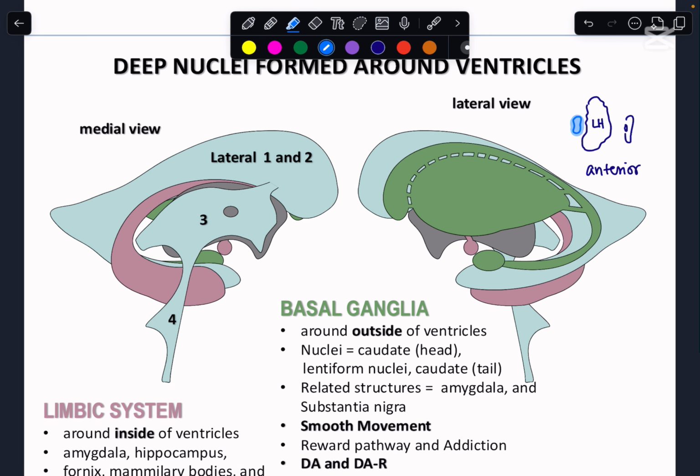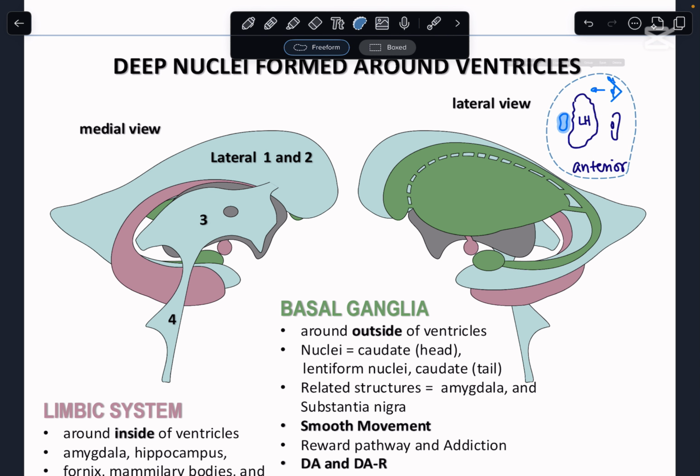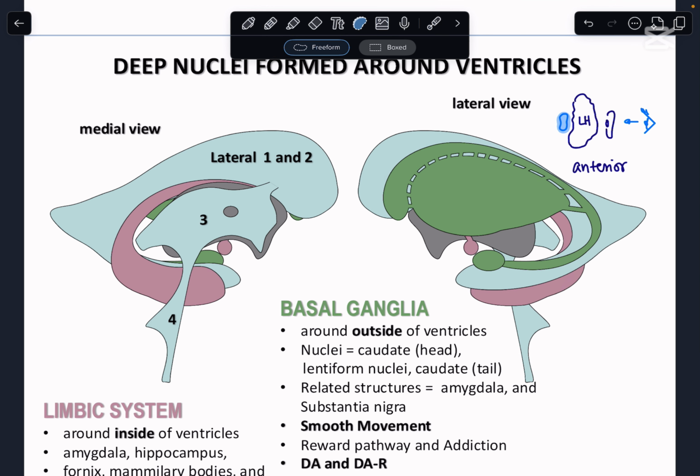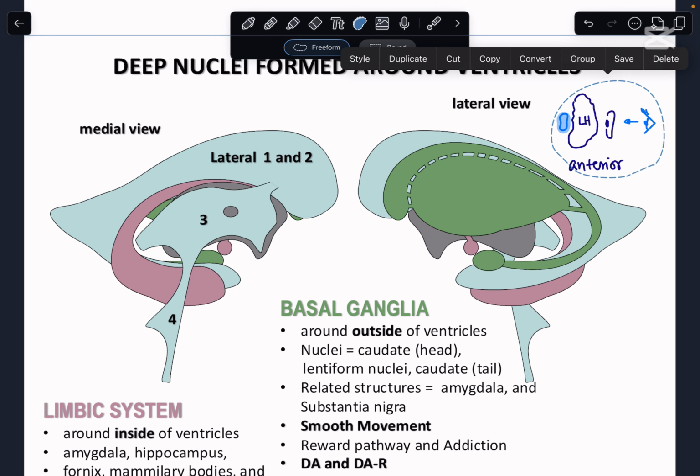You're looking at the brain from the front, and this is your left ear. If you look at your brain from this direction, through your ears, you're going to see something like that. That's called the lateral view.